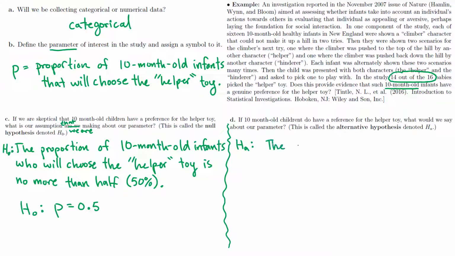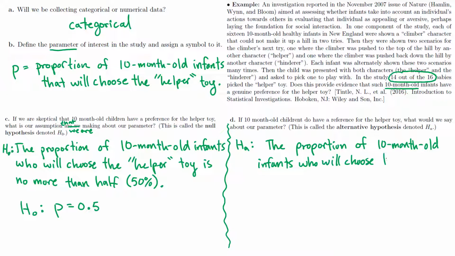So I would say something like: the proportion of 10-month-old infants who will choose the helper toy is more than half.